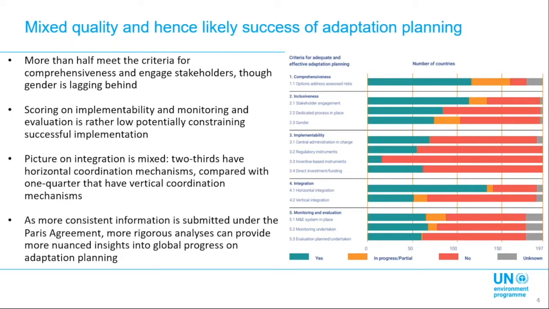In terms of implementability and monitoring and evaluation, the scoring is so low that the successful implementation of those plans is in jeopardy, given that there are little regulatory instruments, little incentive-based instruments, and not sufficient direct investment and funding. In terms of the integration, how well is adaptation planning integrated across other policy fields? We have a relatively good picture when it comes to horizontal integration.